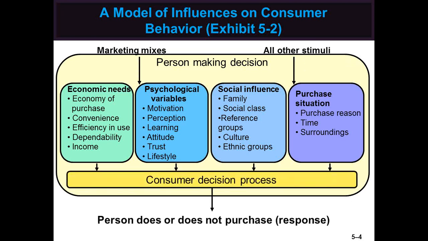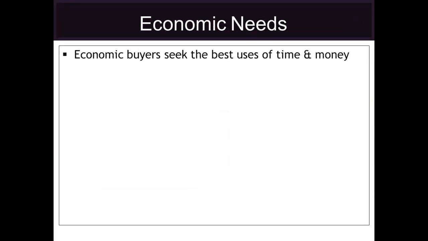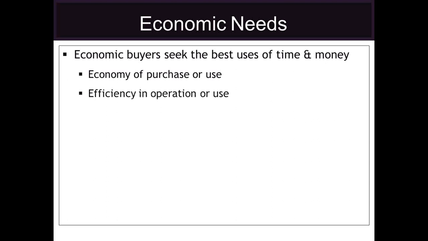Economic conditions affect consumer confidence and spending. So, what are those economic needs? What does this mean? Economic buyers seek the best uses of time and money. They're focused on the economy of purchase or the economy of use.